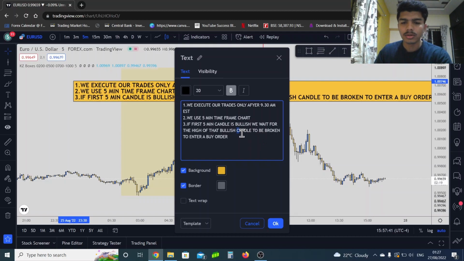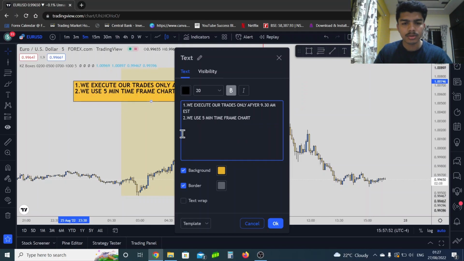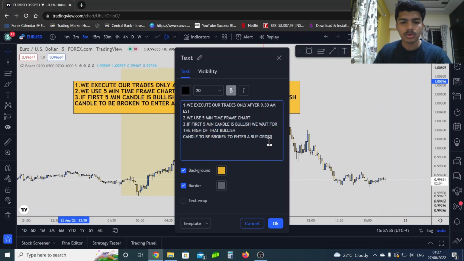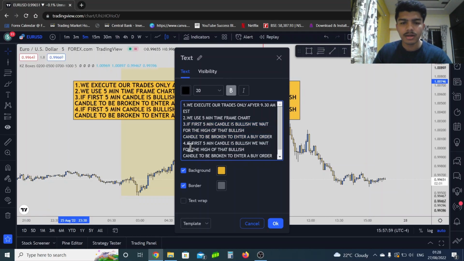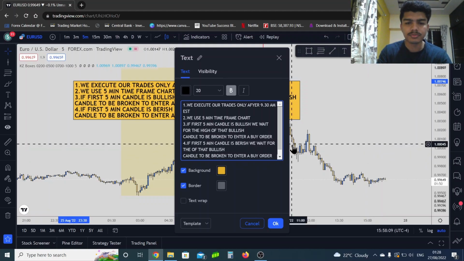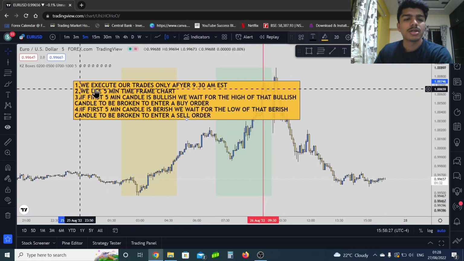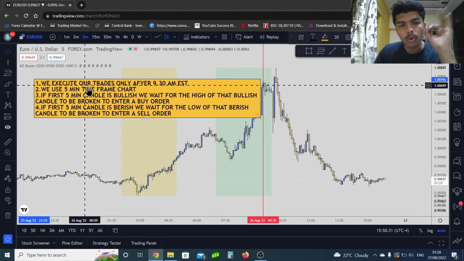Understand this? And the same goes vice versa, the same goes for sells. If the 5-minute candle is bearish, we wait for the low of that bearish candle to be broken for us to enter sell orders. That's it.